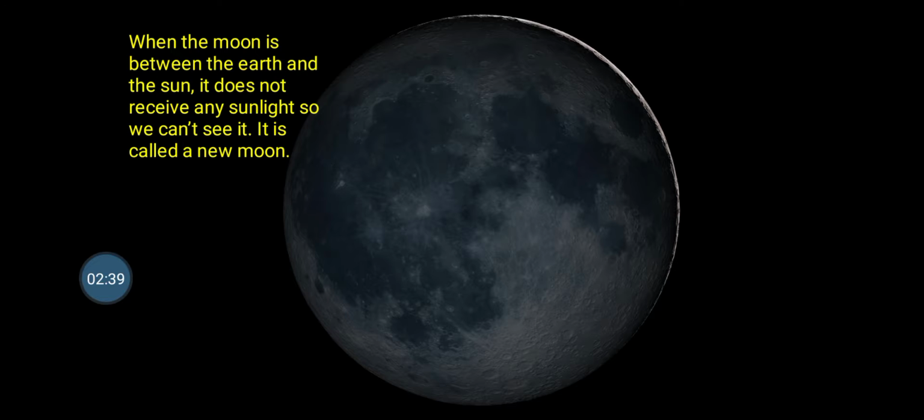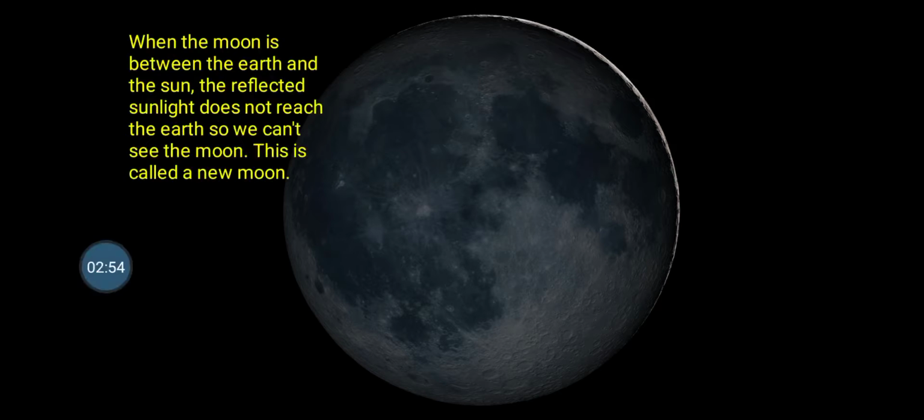When the moon is between the earth and the sun, it does not receive any sunlight on the side facing us. The reflected sunlight does not reach the earth, so we can't see the moon.